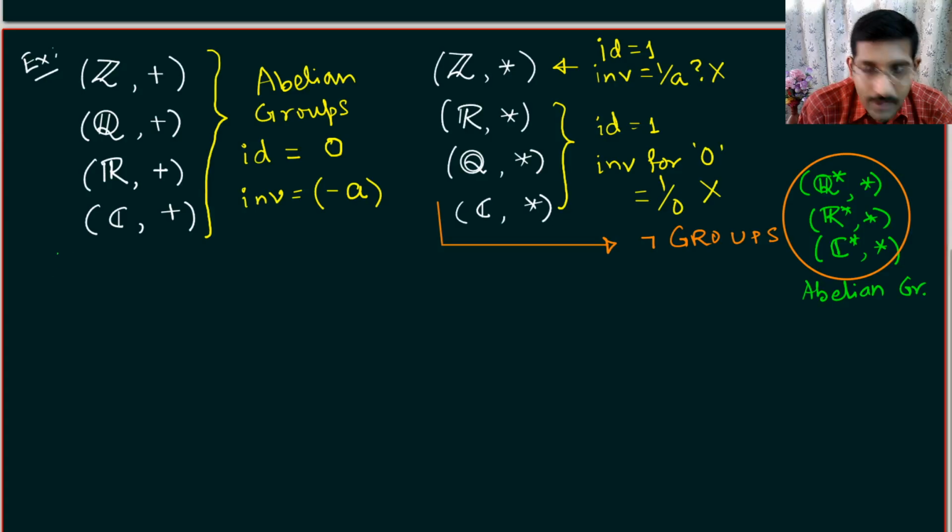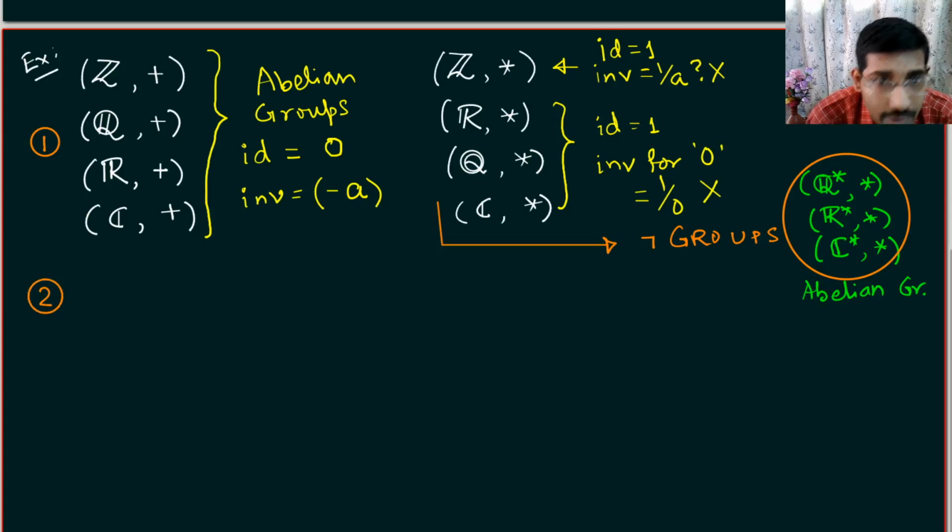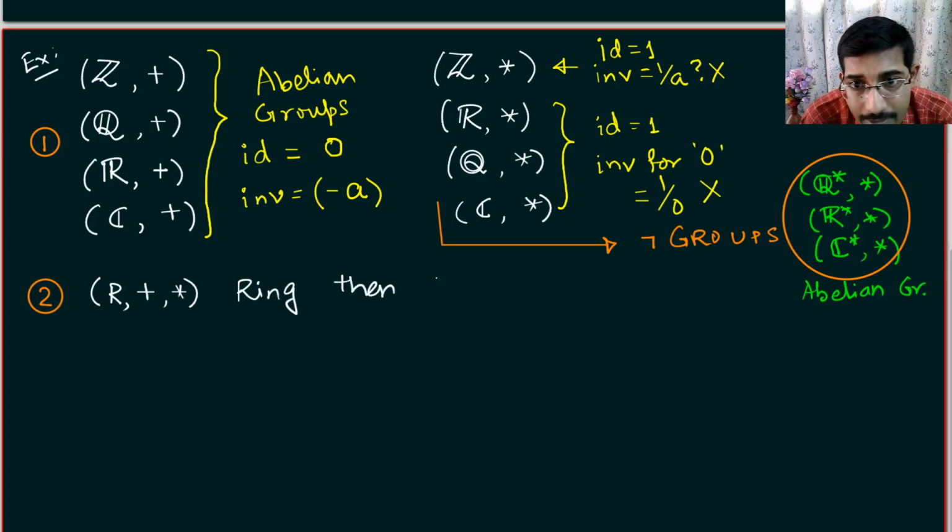Now, more interesting examples you can find for groups: this is one kind of example that we did. The more interesting example of groups you can find here, where R plus star is a ring, then R plus is a group.